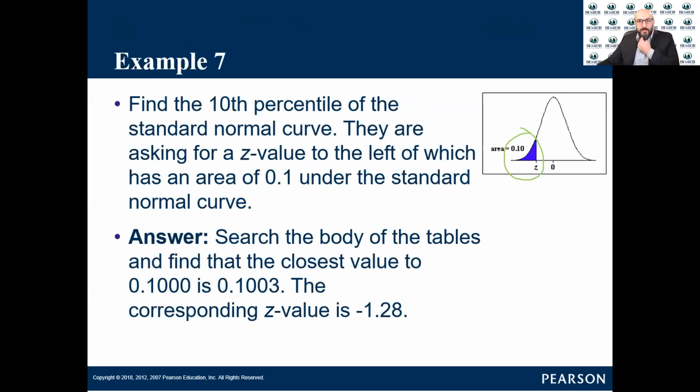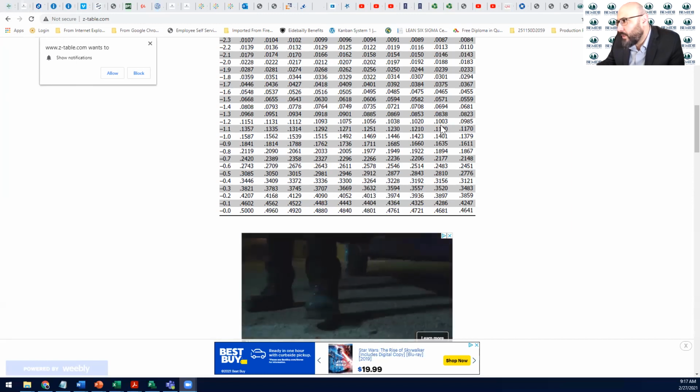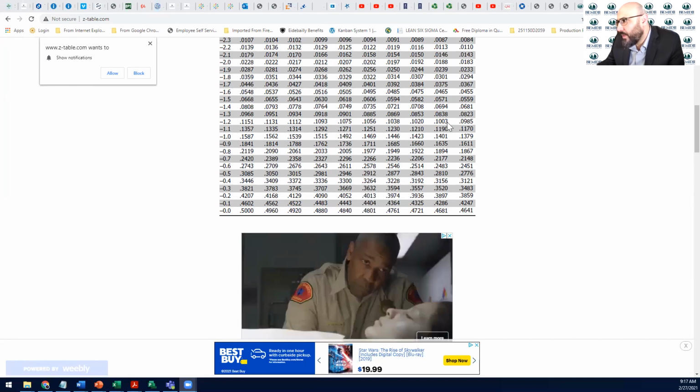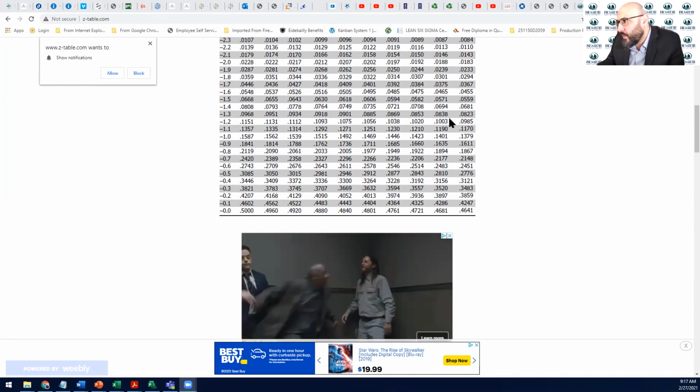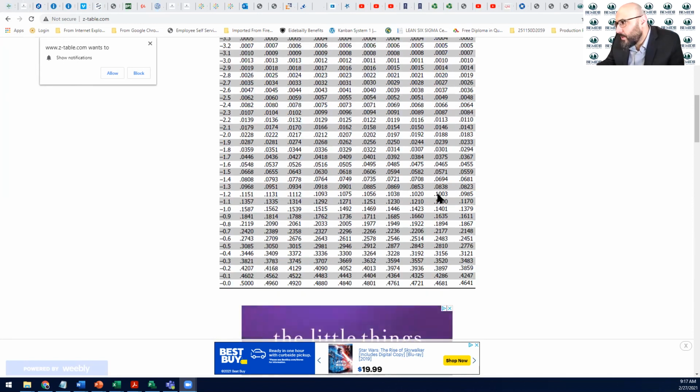Now, let's continue with this one. If we're trying to find the 10th percentile for this normal curve, you need to go into the body of the table and find a value closer to 0.1, and that should be in the negative. The closer one is 0.1103, and that would be 1.28.